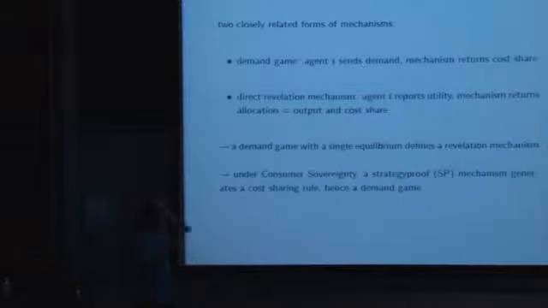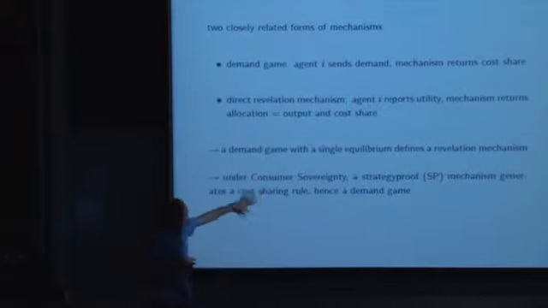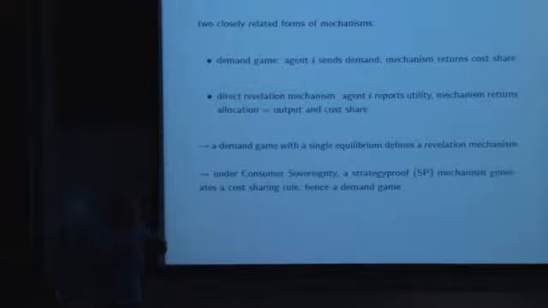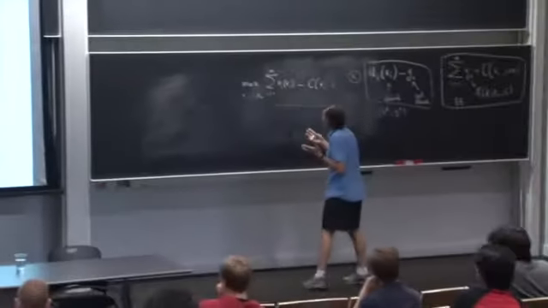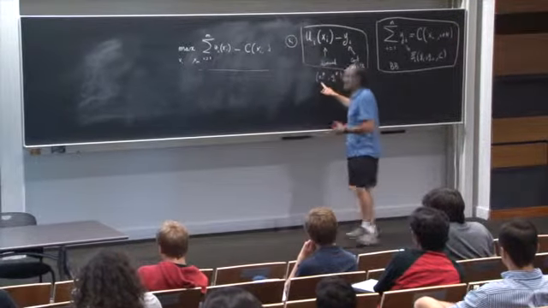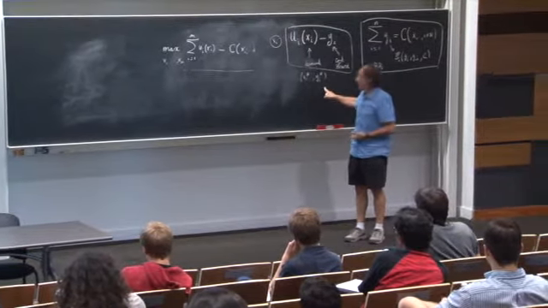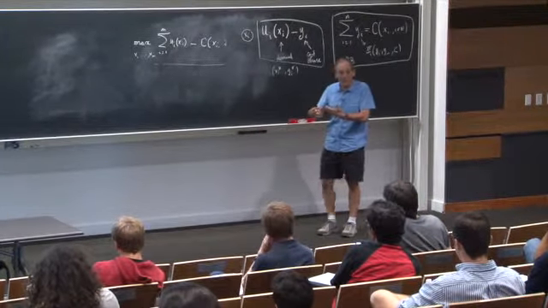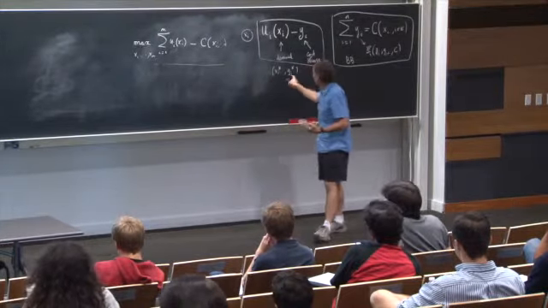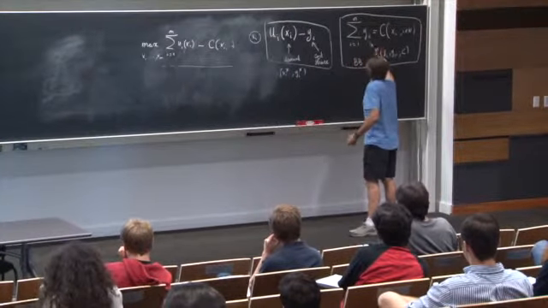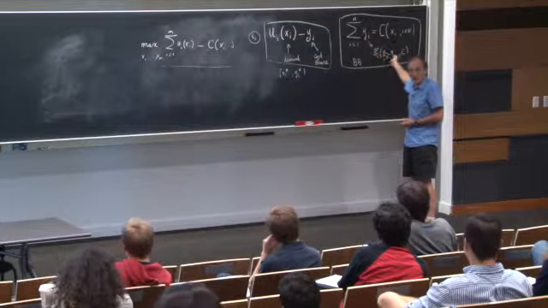Under appropriate extra assumptions that we will come to later, any strategy proof mechanism, any direct revelation mechanism where you ask agents to give you their utilities and then implement some allocation of both output and cost shares, which induces a dominant strategy to reveal truthfully, will have to come from a specific cost function and a specific cost-sharing method.